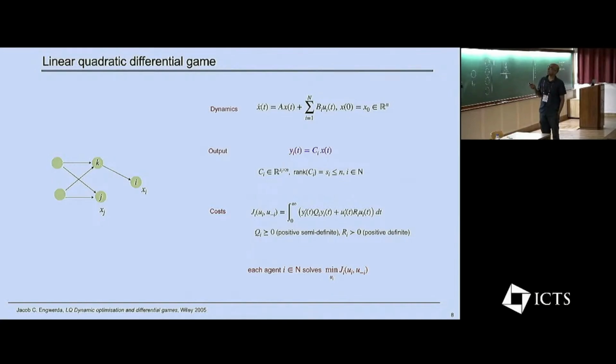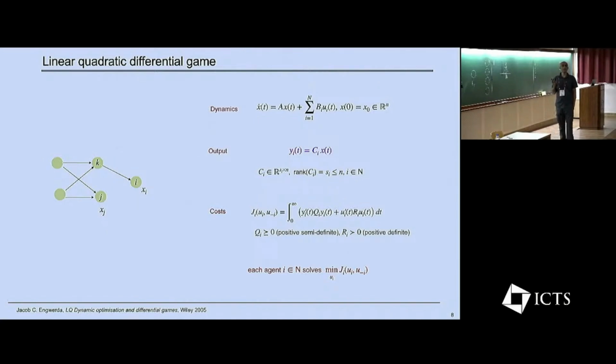Here Ci is a matrix which has fewer rows than the columns. If x is of dimension n, I am able to observe only a low-dimensional version of the state. That is how I capture dynamic games with limited information.